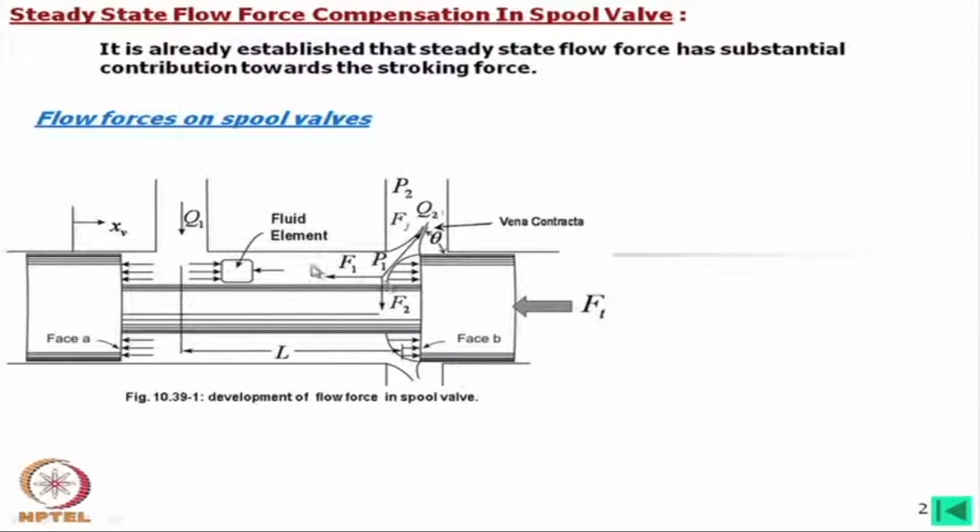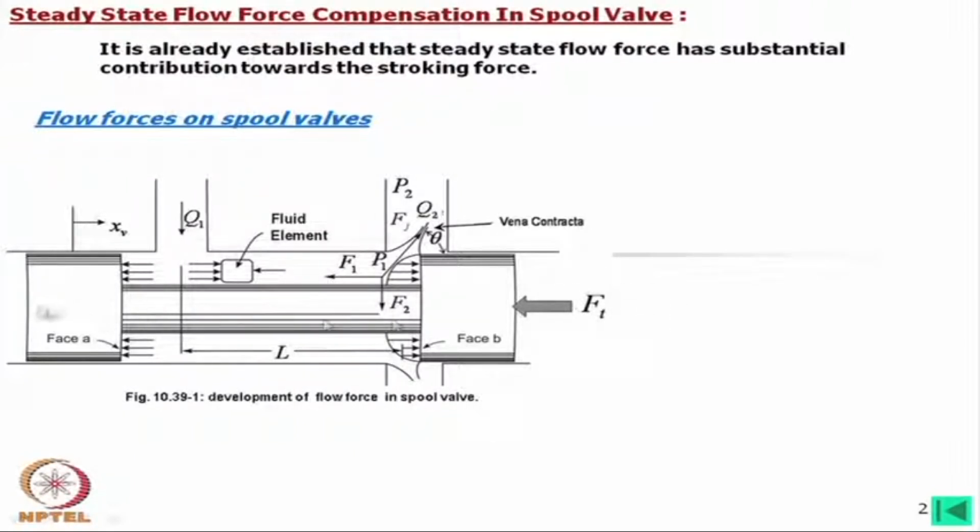This flow force, even at the steady state conditions, acts on the spool in this direction. That means it is trying to close this path. Now, while we are estimating what is the force required to move this spool, this flow force has a substantial contribution towards this total force.